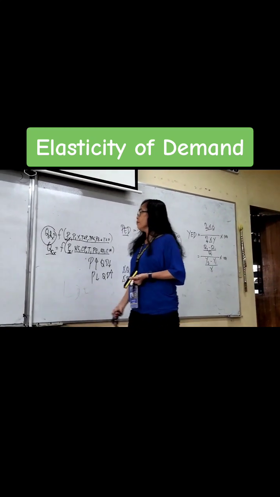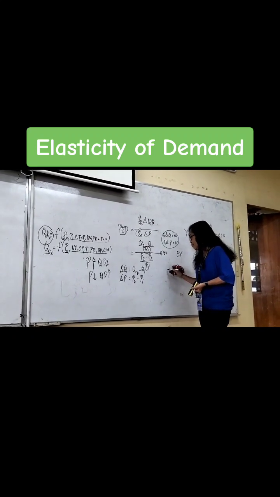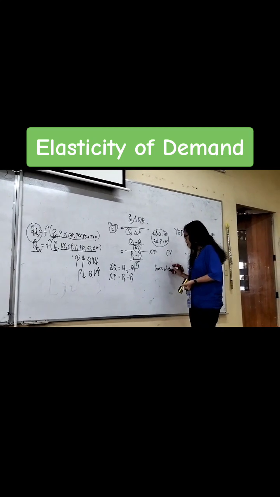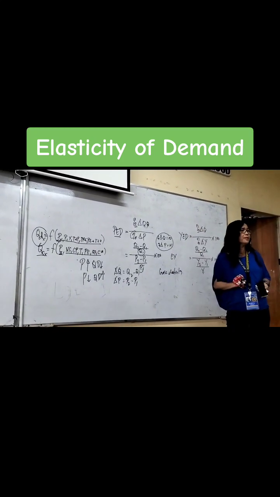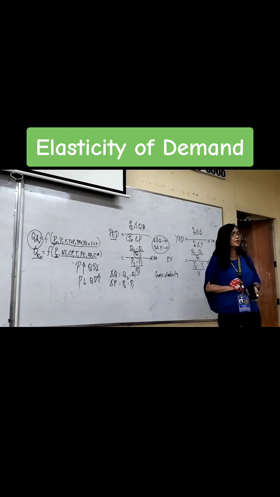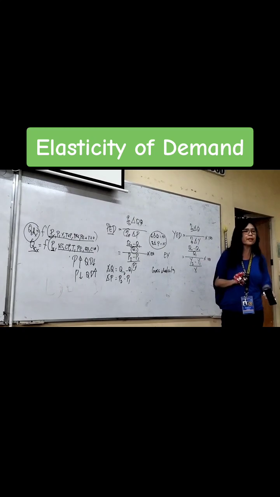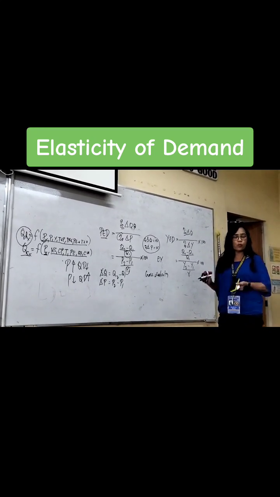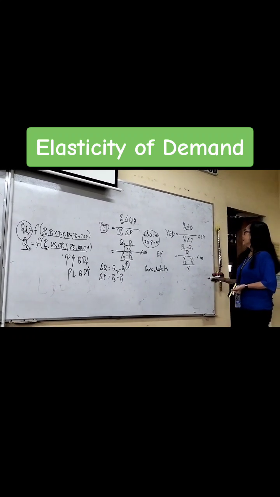Another one is the cross elasticity of demand. In cross elasticity, we measure the response of the buyers when there is a change in the price of one in relation to the quantity demanded, or the demand, of the other product.